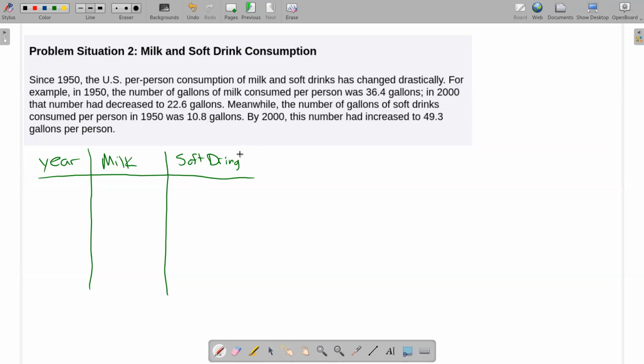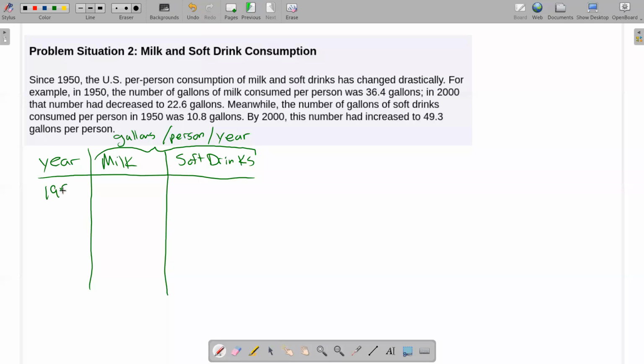Drinks has a K, not a G. And both the milk and the soft drinks are gallons per person per year. Right, so that's how they're measured.